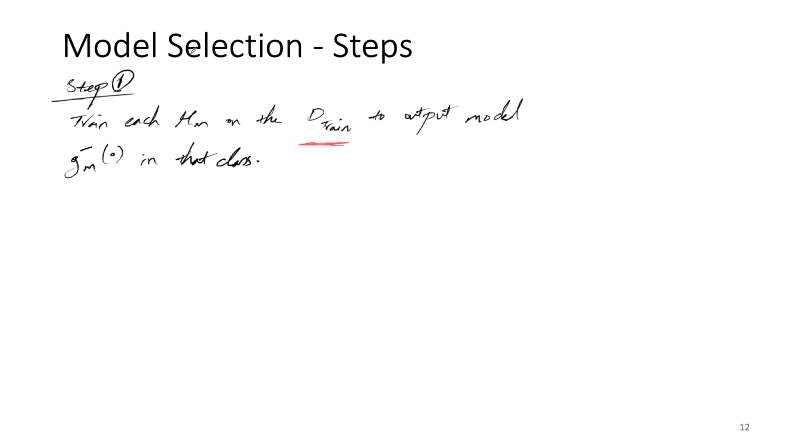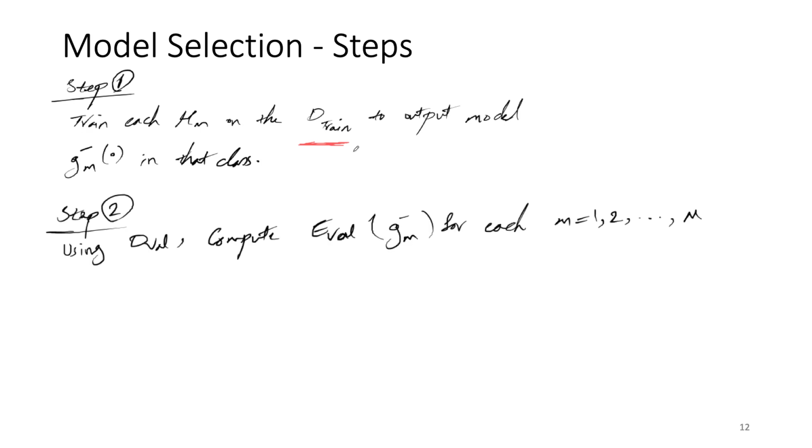Now after we train those, we need to evaluate each model on the validation set. Instead of evaluating them on the test set, we're going to use the validation set to evaluate their validation error. So step two would be using the val, compute the validation error of G minus M for each of those M's. So this is training on dtrain, evaluating on dval.